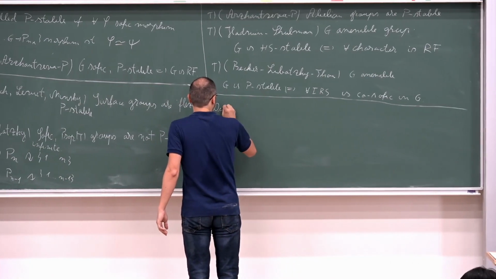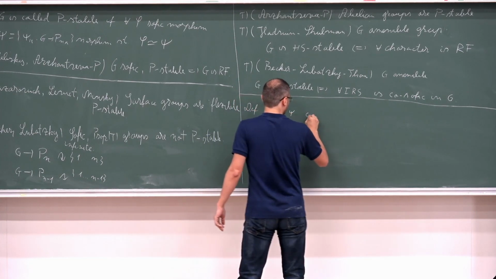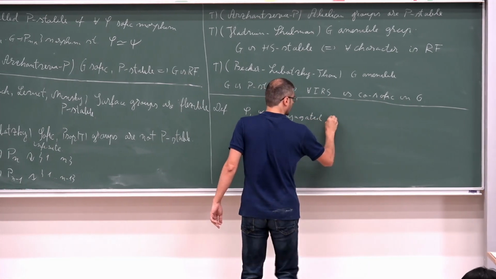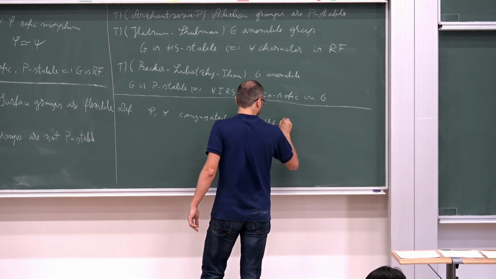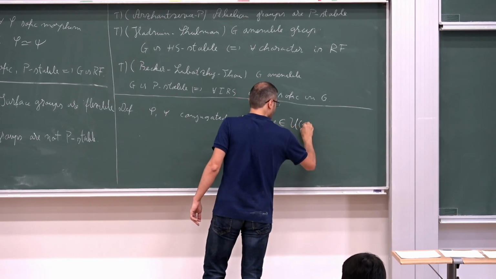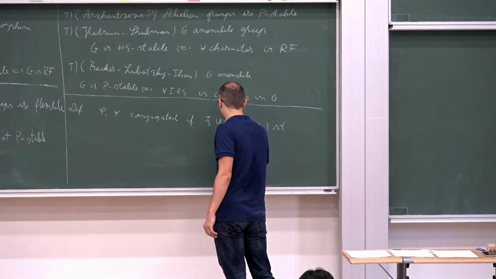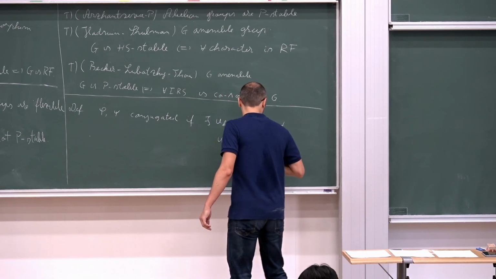For two morphisms, hyperlinear or sofic morphisms, we call them conjugated if there exists a sequence of unitary matrices such that U phi U star is equivalent to psi.